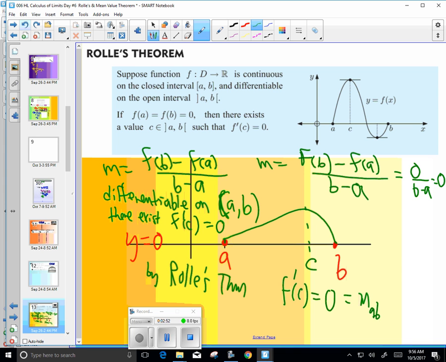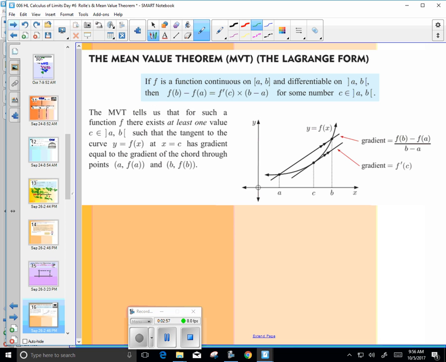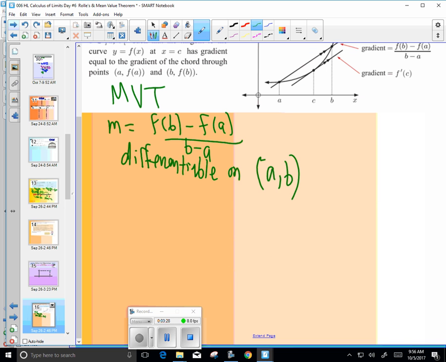The better version of that is the mean value theorem. The mean value theorem is the same thing. If your slope is f of b minus f of a over b minus a, we'll just call it the slope, and you're differentiable on A to B, that's important. No cusps, no skips, no discontinuities.